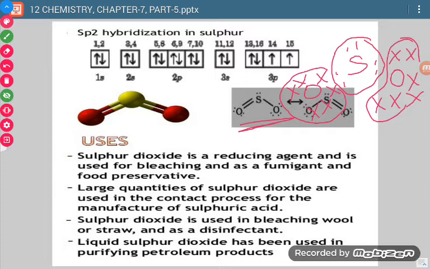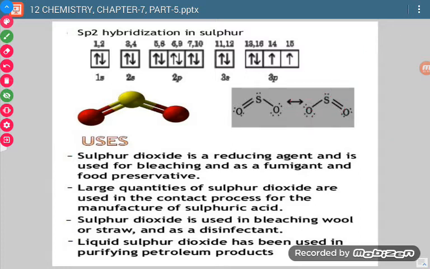This way sulfur contains one lone pair, and on one side it forms a double bond, on the other side a single bond. But since there is the phenomenon of resonance, we can write the double bond on this side also, and that side also. So its resonance hybrid structure is like this, and it has a bent shape. So there is a bent shape of sp2 hybridization in the sulfur dioxide molecule.